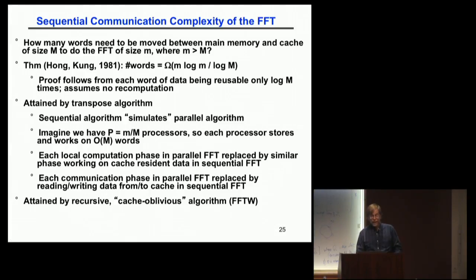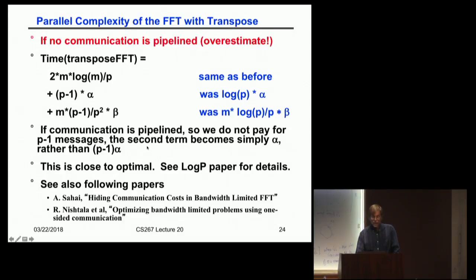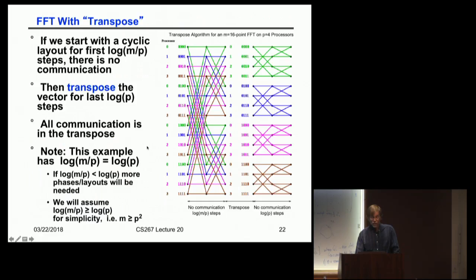So the idea is that the sequential algorithm is going to simulate the parallel algorithm for a carefully chosen value of p. So let me pretend that I have little m divided by capital M processors. So each processor corresponds to all the data that you can fit in cache. And so what my sequential algorithm is going to do is all the work that the green processor would do here.